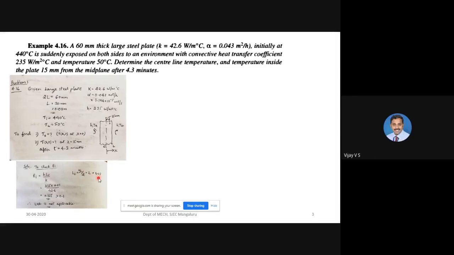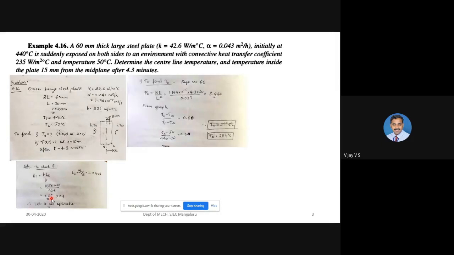Now don't again divide this 0.03 by 2. If you do that, it will be wrong. So Lc is half of the thickness. If you substitute that, we will get the Biot number as 0.165, which is greater than 0.1. So therefore lumped heat analysis is not applicable. So I should go for the chart method.